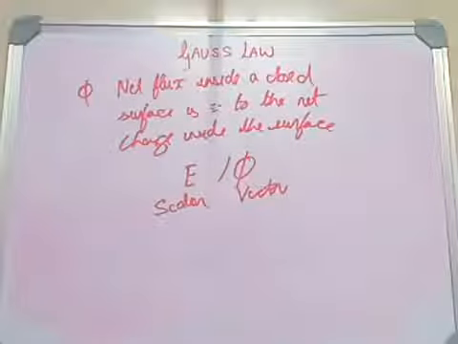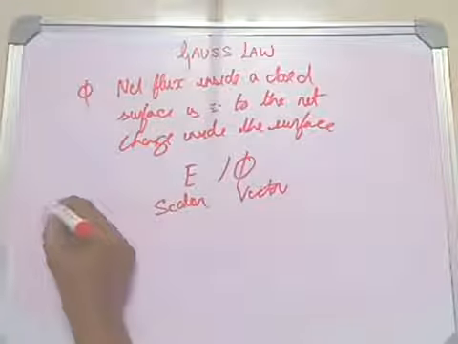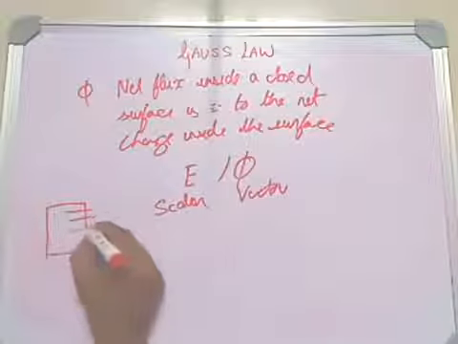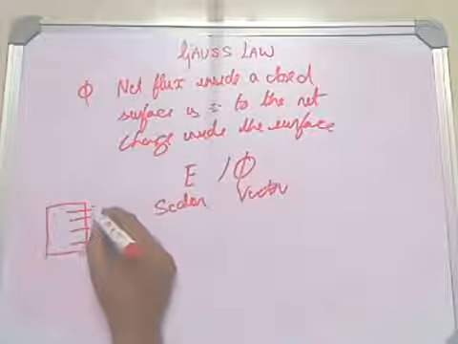Now, what is the difference, you might ask, between a scalar quantity and a vector quantity? In order to understand the difference, just look at it like this. An electric field is actually something which is static. You can say that there is an electric field on this surface.